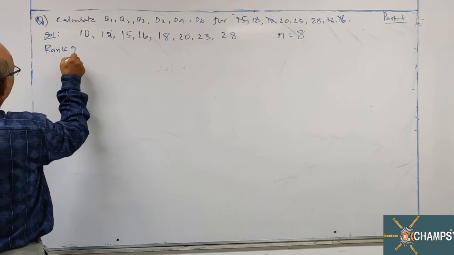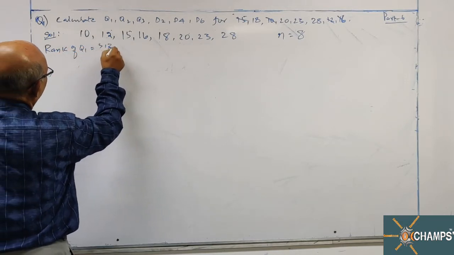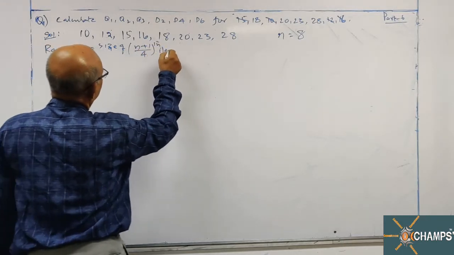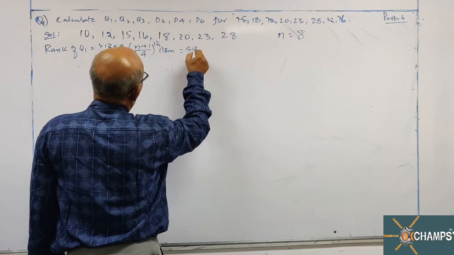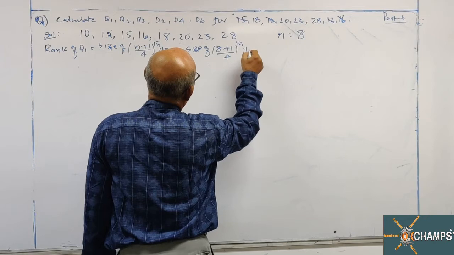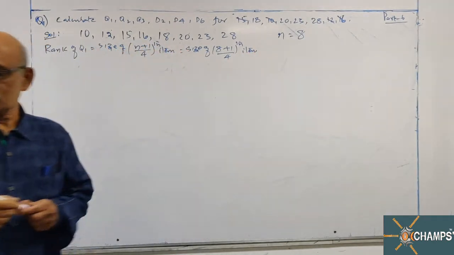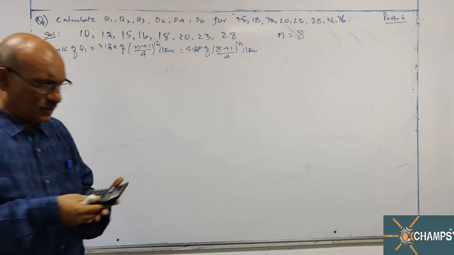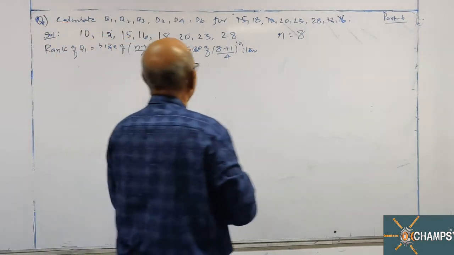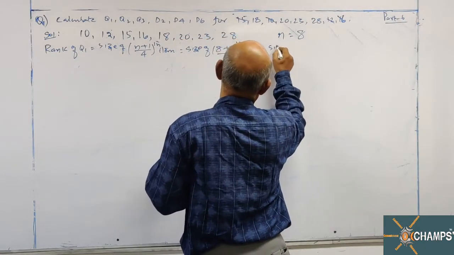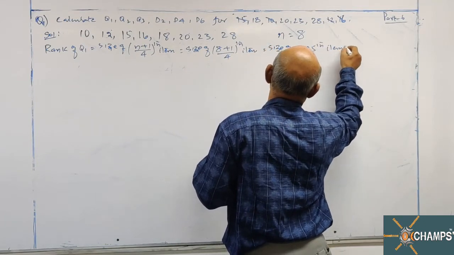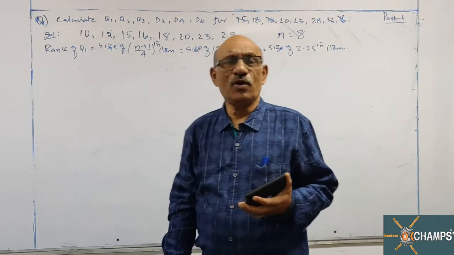Rank of Q1 is equal to size of (n plus 1) by 4th item. This is equal to size of (8 plus 1) by 4th item, 9 divided by 4, 2.25. This is size of 2.25th item.